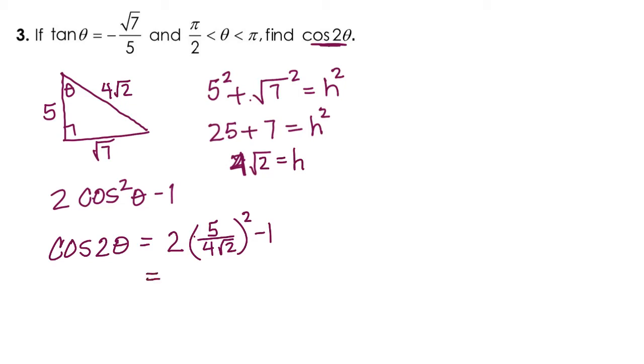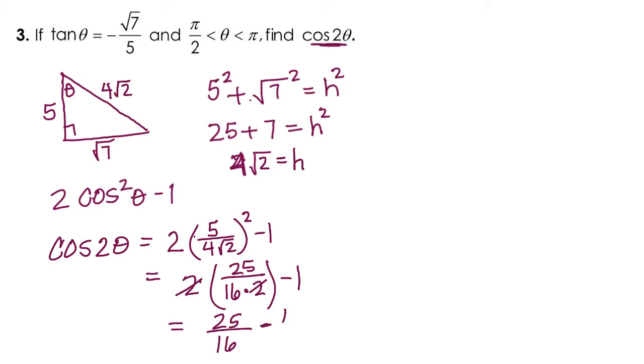So that's going to be 2 times 25 over 16 times 2, and then minus 1. And so that 2 can cancel with the 2 out here. And so that's 25 over 16 minus 16 over 16, subtracting fractions. And so 25 minus 16, so we're going to have 9 over 16. All right.